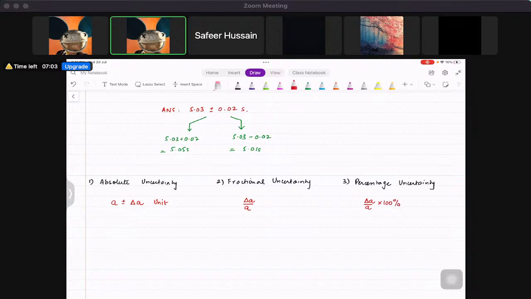Is it clear, everybody? So these are three different things. I just want to tell you that A is the mean value, whatever is the center one, and delta A is the uncertainty of the particular value. So you just need to remember, right?